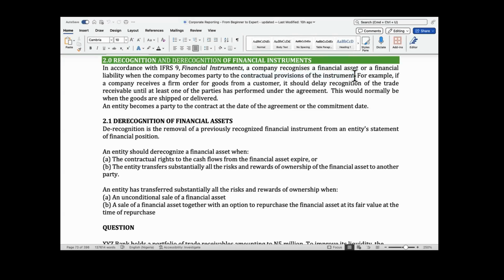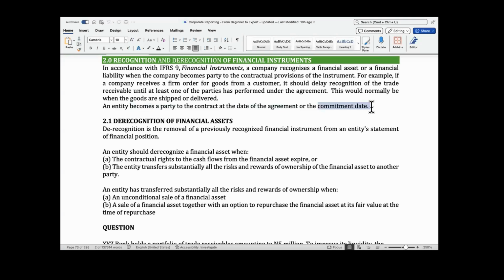An entity becomes a party to the contract at the date of the agreement or at the date of the commitment.